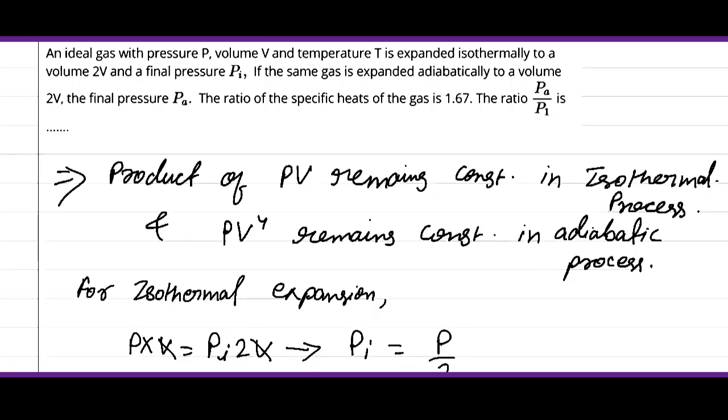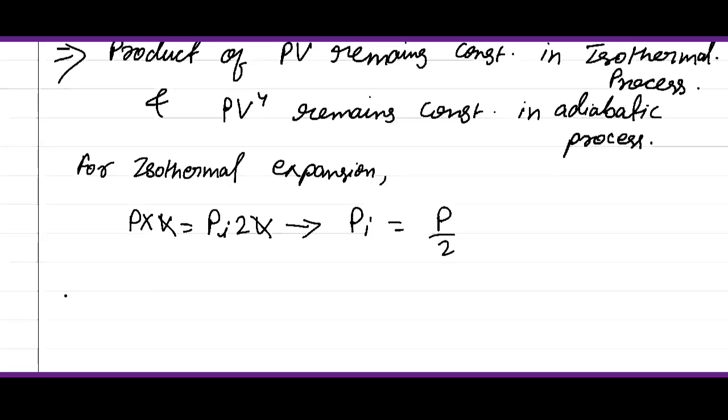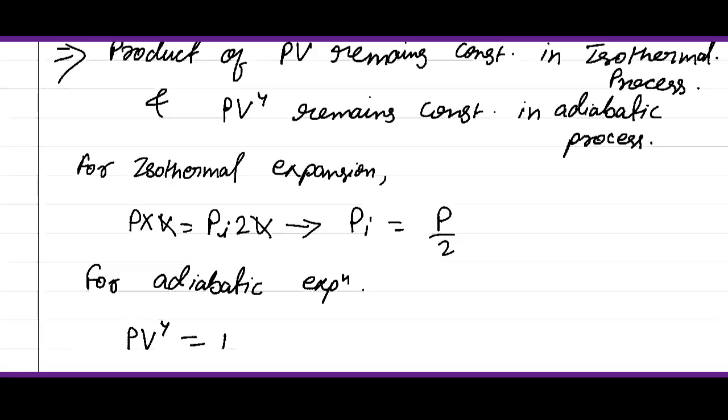And for adiabatic expansion, PV gamma is equal to Pa into (2V) gamma.